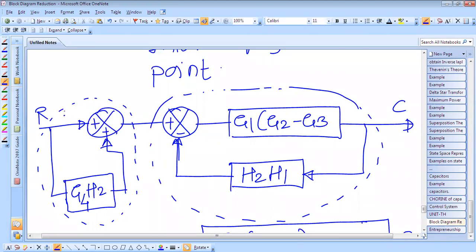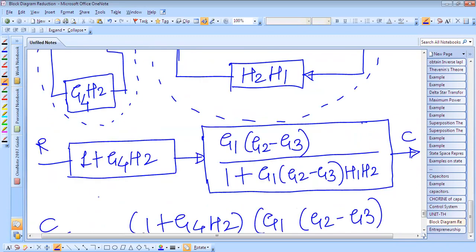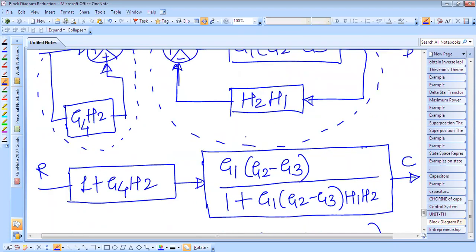The gain of this path is supposed to be 1, so we can write here 1 plus G4 H2, and this block we can represent like this.